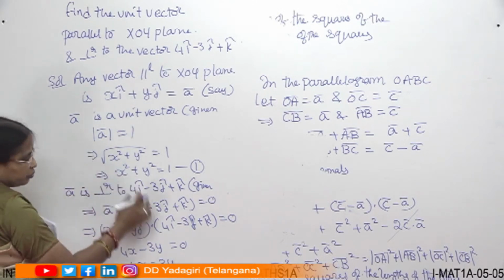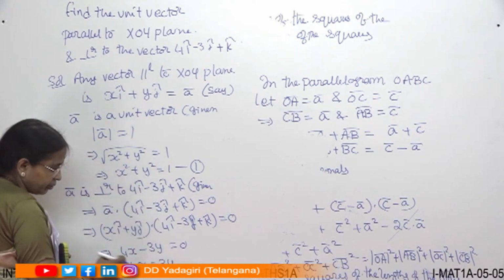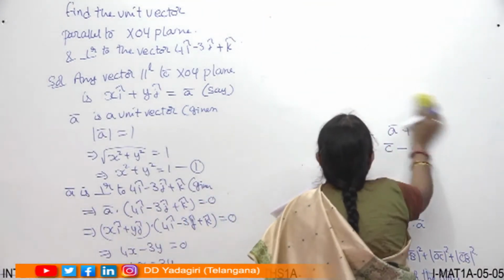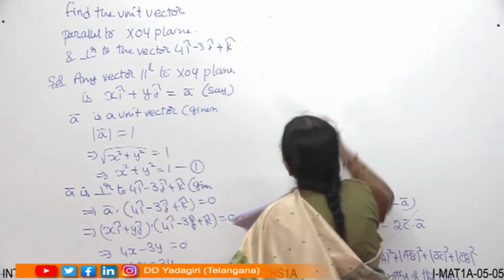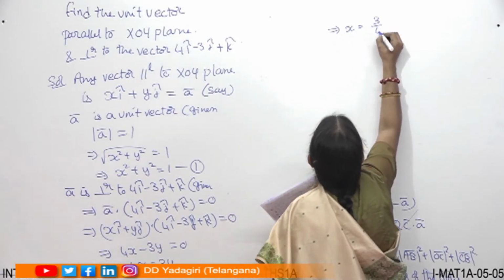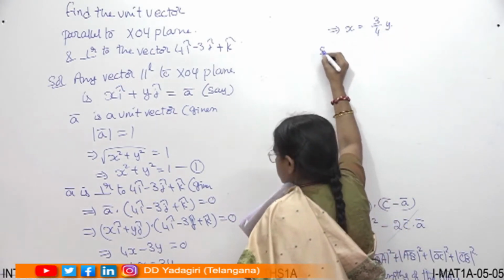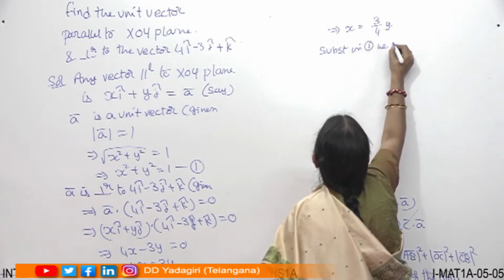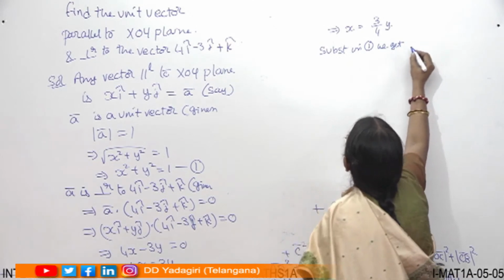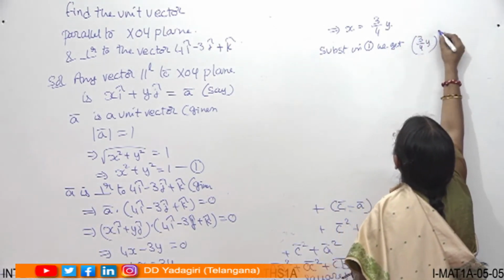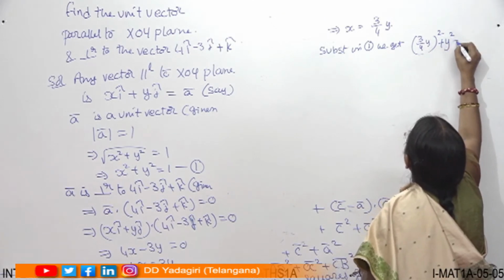Now solve these two equations, 1 and 2. From this we'll find out x or y. So x is equal to 3 by 4 into y. Substituting in 1, we get x square plus y square: 3 by 4 y whole square plus y square is equal to 1.